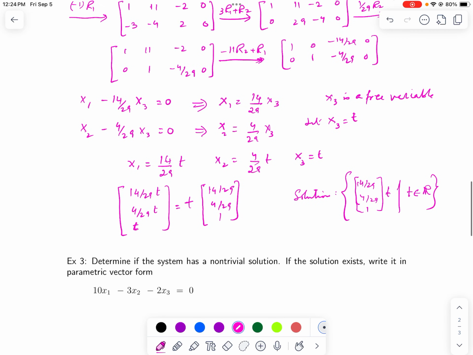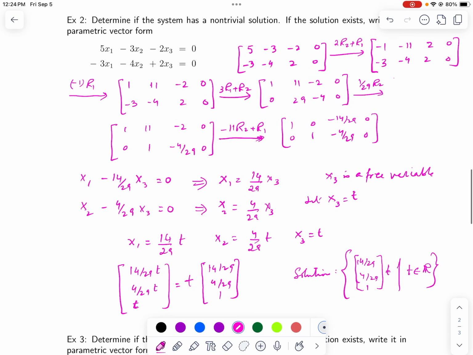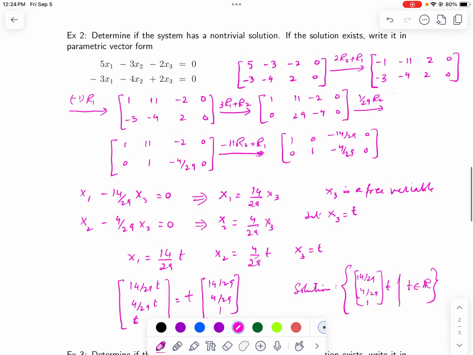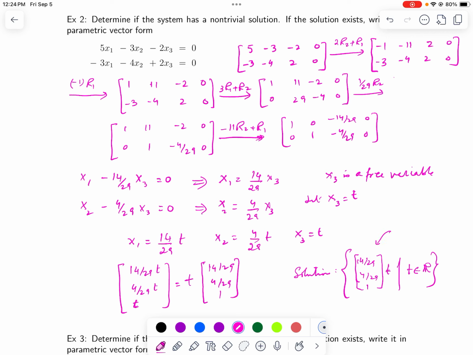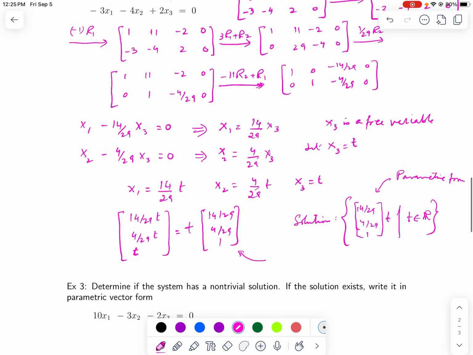Okay, so what does that mean? That means we can have a trivial solution. So it says if the solution exists, write it in parametric form. So this is the parametric form. So we say yes, there is a non-trivial solution. Actually, there are more than one.